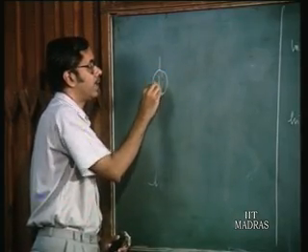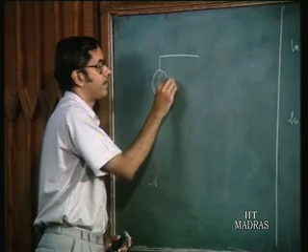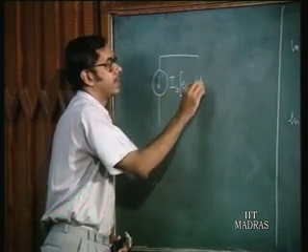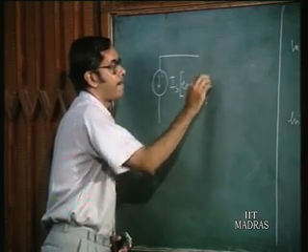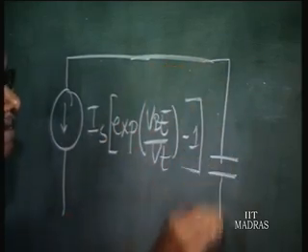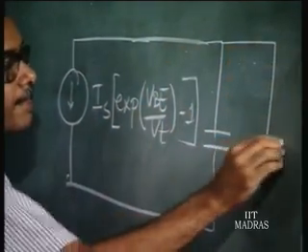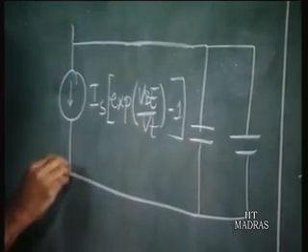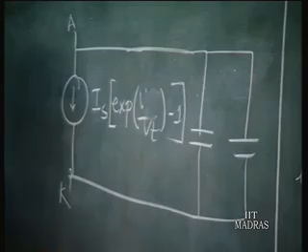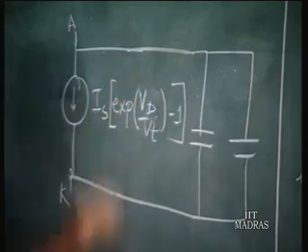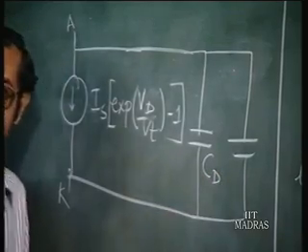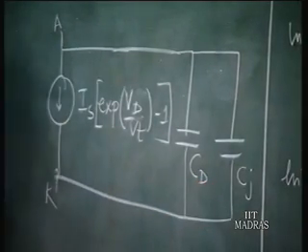You have a current source, and this is the diode voltage. And then you have the two capacitances. One is the diffusion capacitance and one is the junction capacitance.